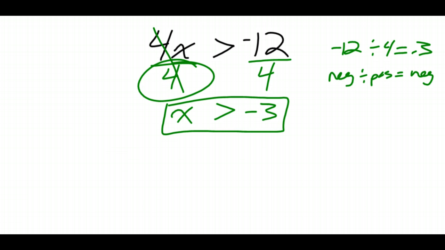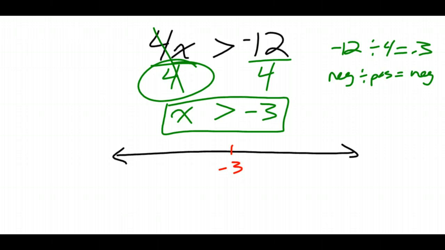Now, writing that on a number line, again, the only number that we're really concerned with is negative 3. X is strictly greater than negative 3, so it can't actually be negative 3. If x were negative 3, then 4 times negative 3 would be negative 12, and negative 12 is actually not greater than negative 12. It's equal to negative 12. So x can't be negative 3.